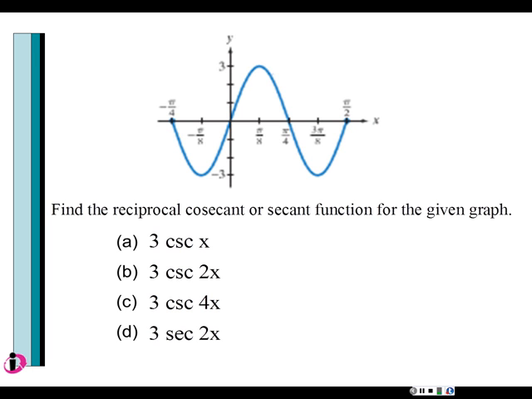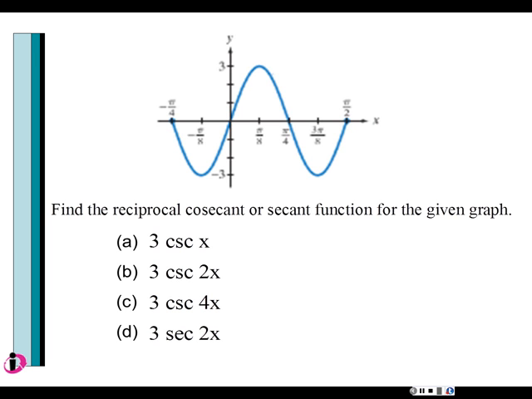Now let's look at these three and see which one is this. First of all, these three are preceded by 3, and we know that will be the case because here the amplitude is 3, so we don't have any issue with that. The only thing that we have to look at is this part. Remember, the cosec graph will be the U shapes here, right?